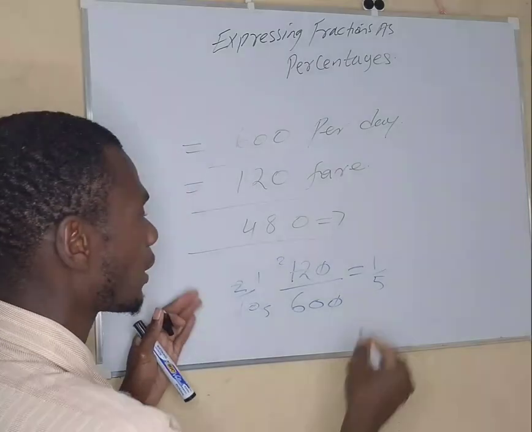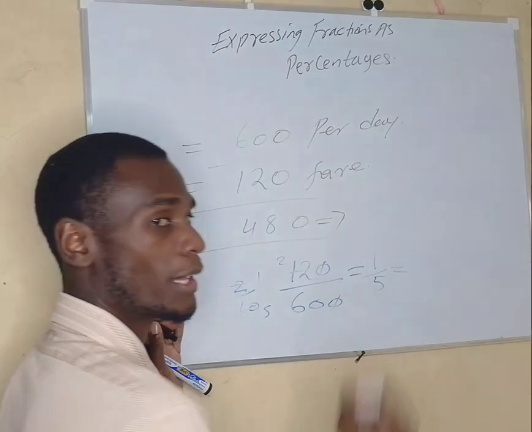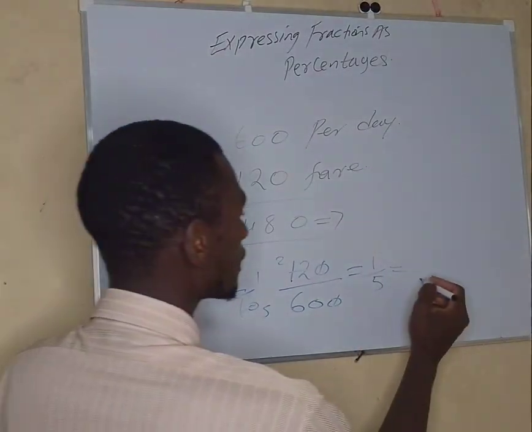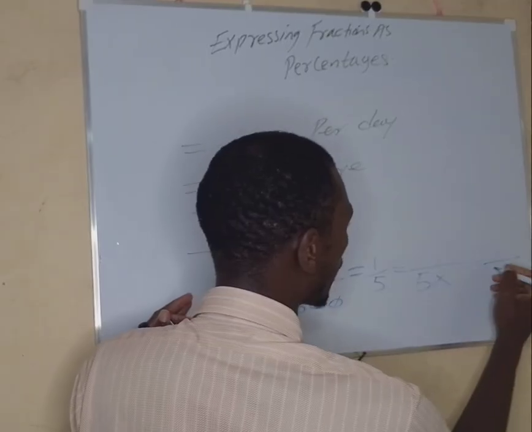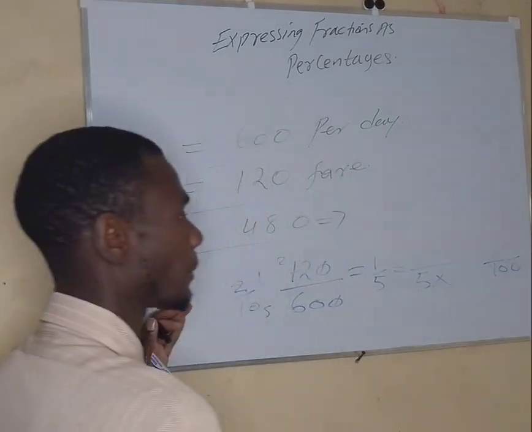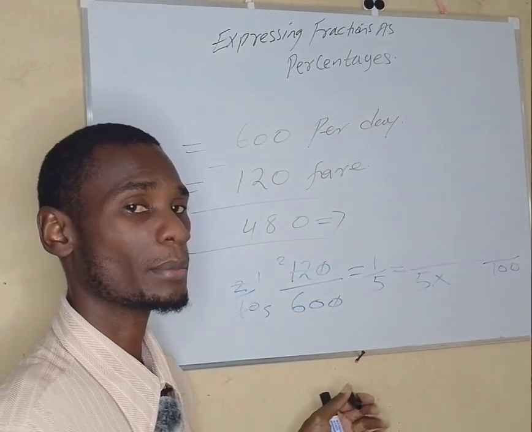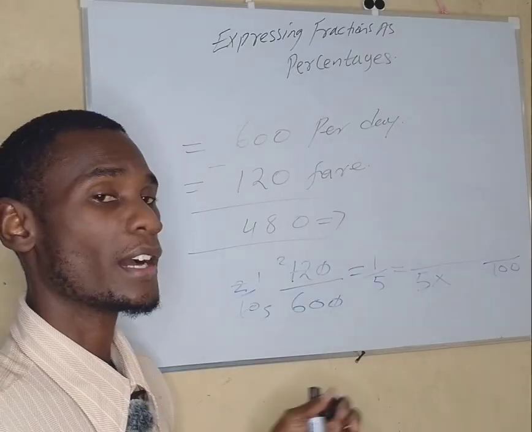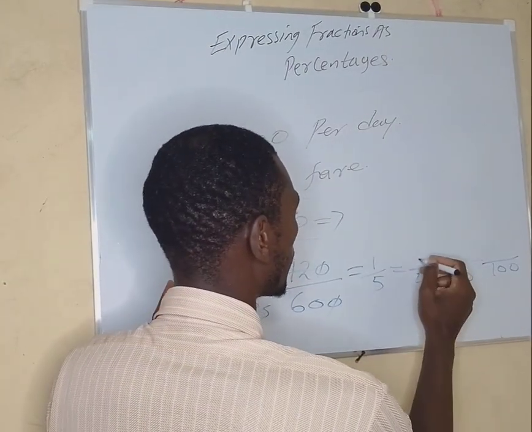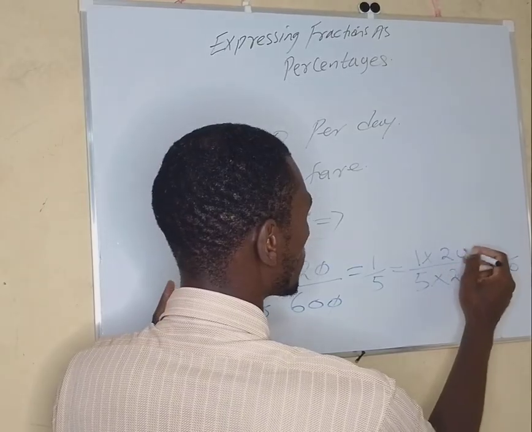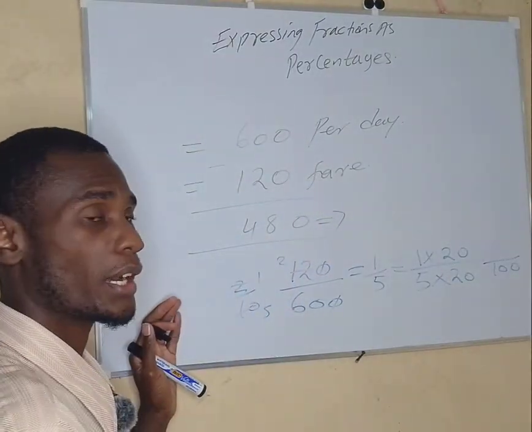1/5. So once you have 1/5, we go back to that method of making this denominator, which in this case is 5, 100. How can we make 5 100? What number can we multiply by 5 to get 100? That number is 20. I've said the number you use down is the same number you use up.